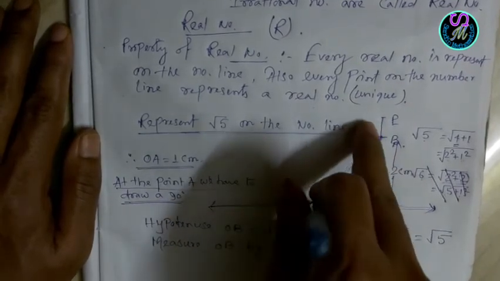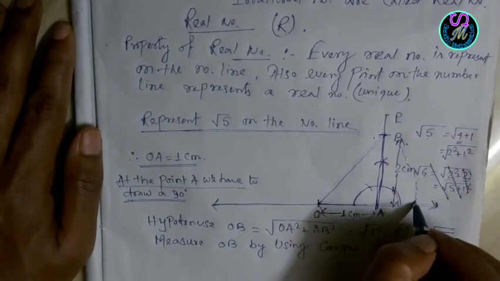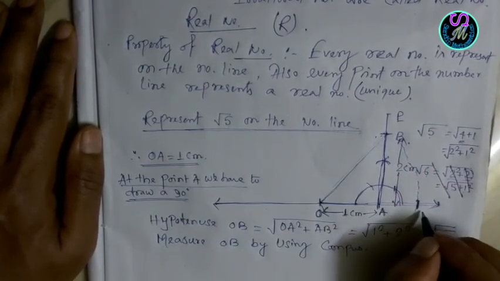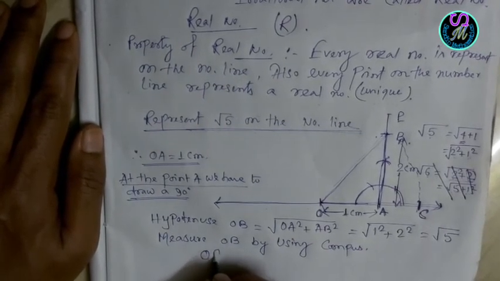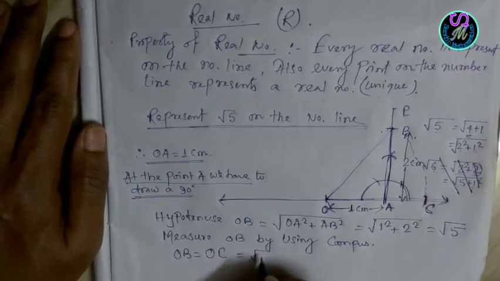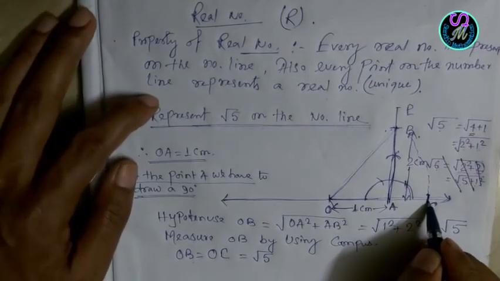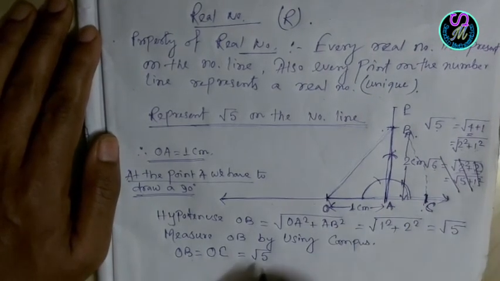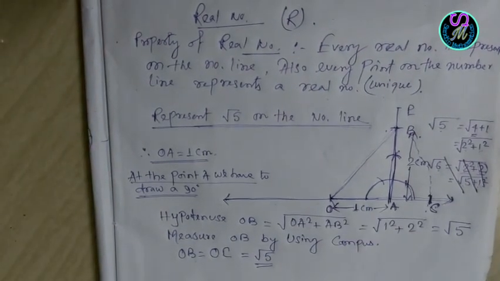If this point is C, then OC and OB are the same. The value of OB is root 5, so the value of OC is also root 5. So point C represents root 5 on the number line.